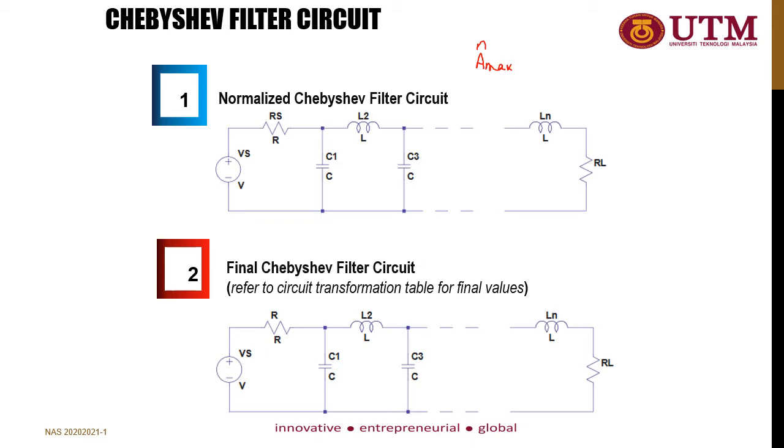The circuit needs to be terminated by a load represented by RL. In the final Chebyshev circuit, you'll have the same configuration, but all R, C, and L values will be converted into new values, and there's a formula to calculate the new R, C and L values.